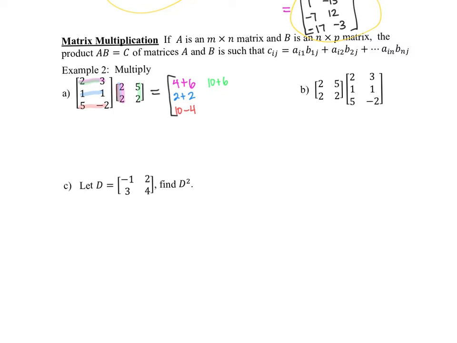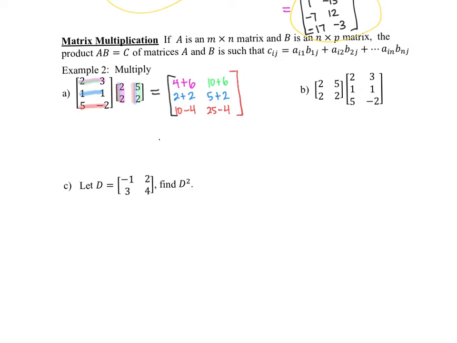Which one am I going to go to next? Row 2, column 2. And I'll do the corresponding entries. So 1 times 5 is 5, 1 times 2 is 2. And then what do I have? Row 3, column 2. 5 times 5 is 25, minus 2 times 2 is 4. Okay, that's the step I'm going to ask you to show.